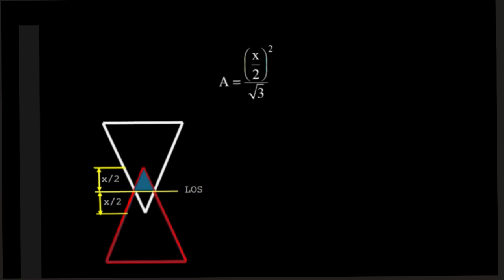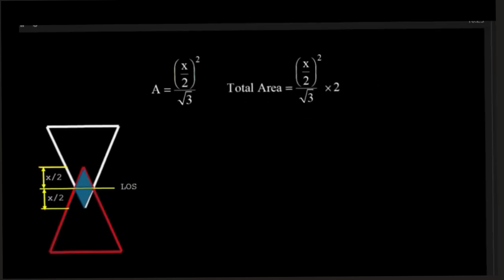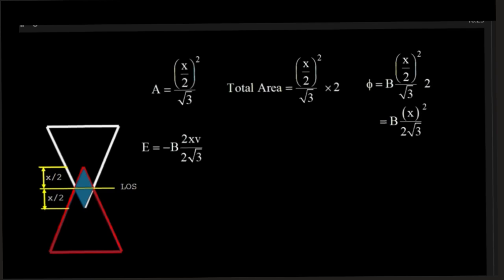And this is the other part, so to find the total area we just multiply this area by 2. And the flux is B times total area, so this area is multiplied by B. So this is the flux.